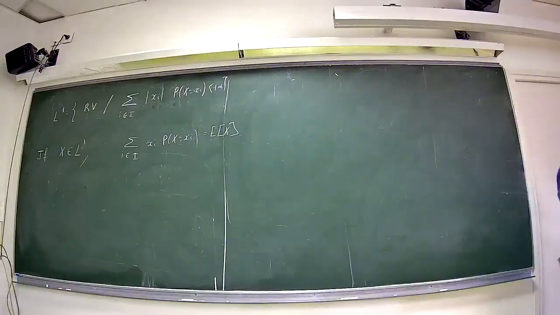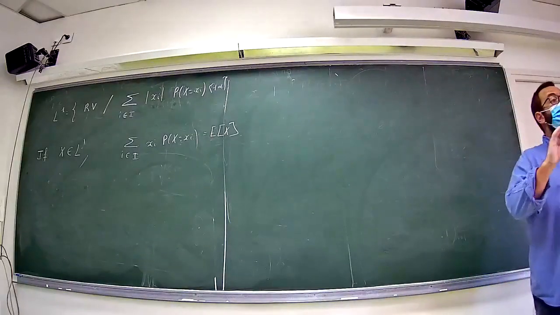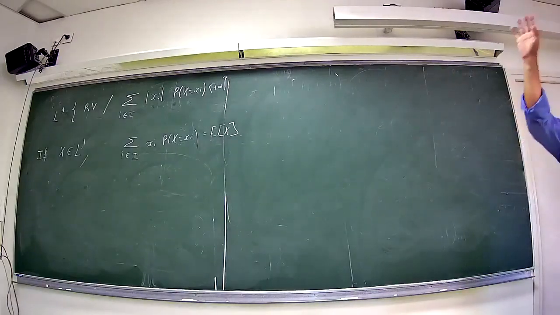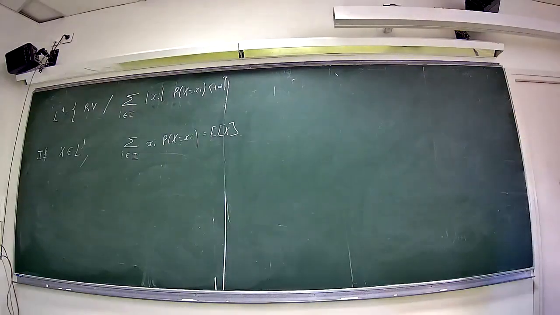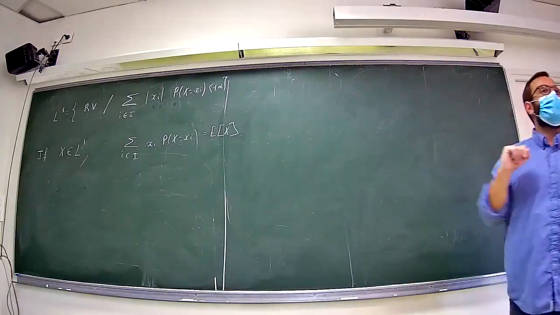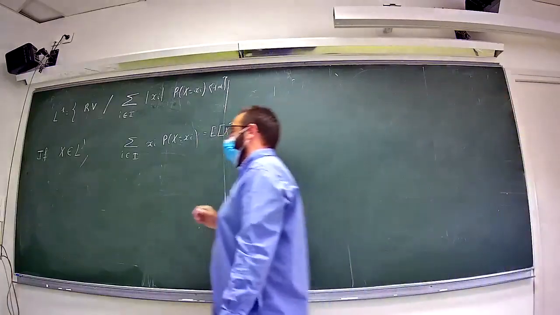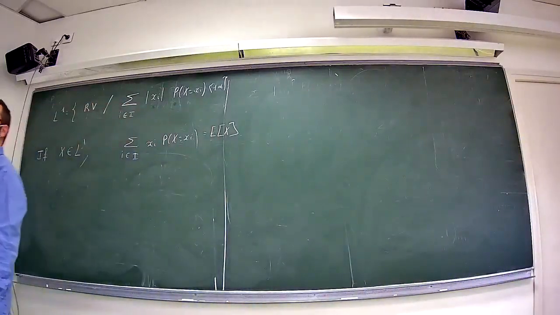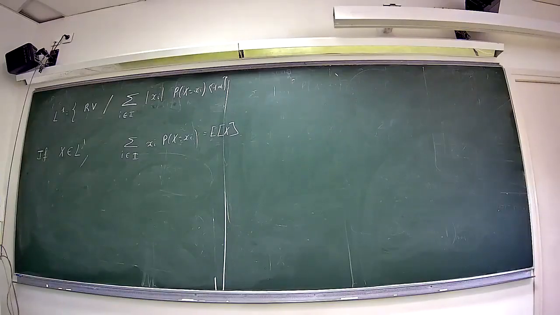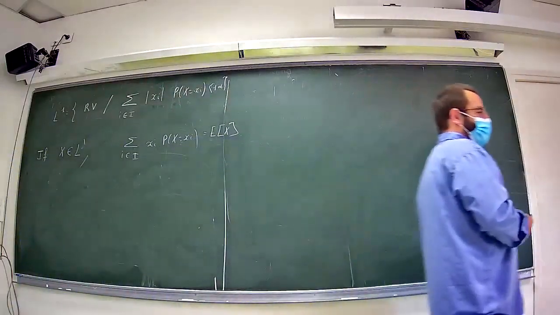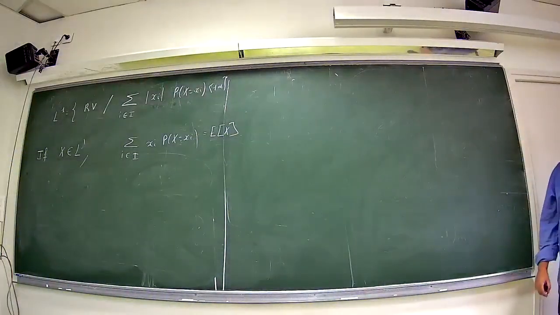If I ask you to summarize the information contained in one random variable with one number, the best possible number is the expectation. You can't do better if you restrict yourself to a single number. We are going to see the consequence of this little result in these four exercises.